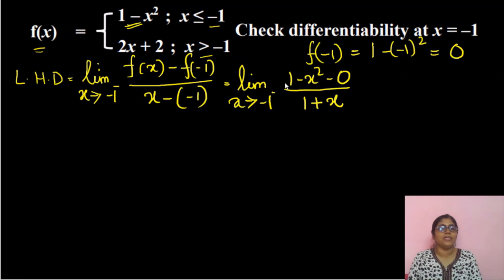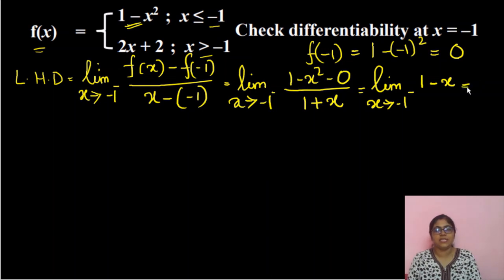So this is equal to the limit of x tends to minus 1 minus of 1 minus x, because 1 minus x square is (1 plus x) into (1 minus x), and we can cancel 1 plus x from both numerator and denominator. So this is equal to 1 minus (minus 1), which is 2. So 2 is our LHD.